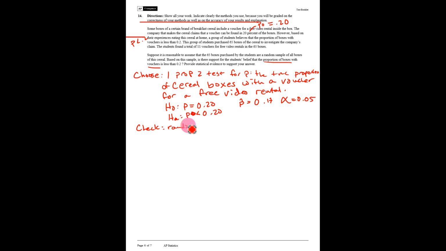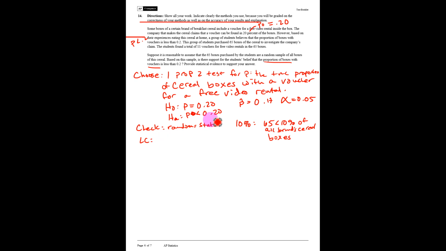Random. Stated in the problem. 10%. 65 is less than 10% of all this brand of cereal boxes. And large counts.